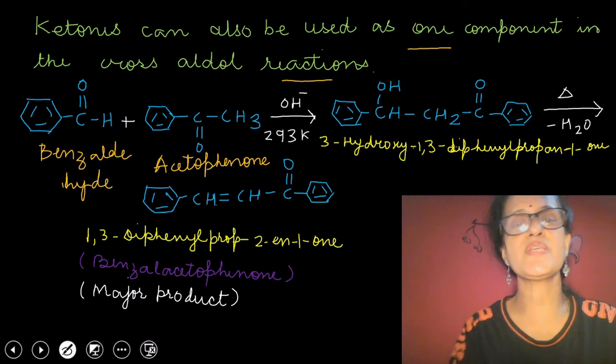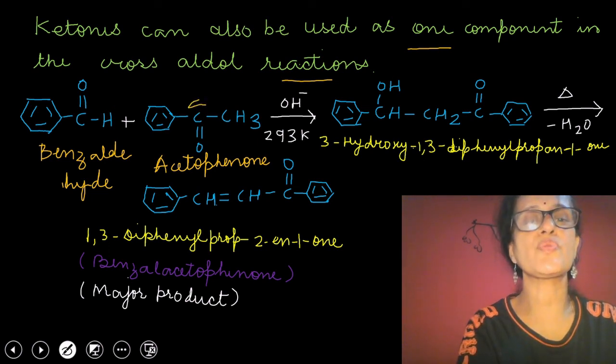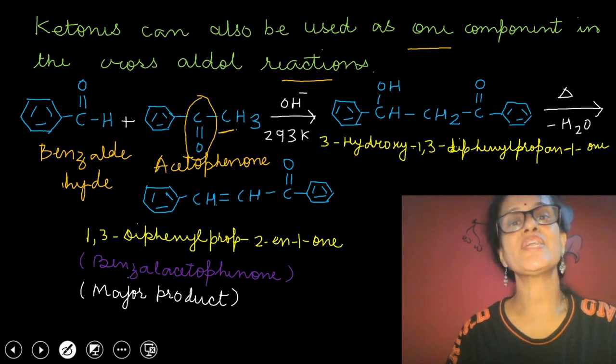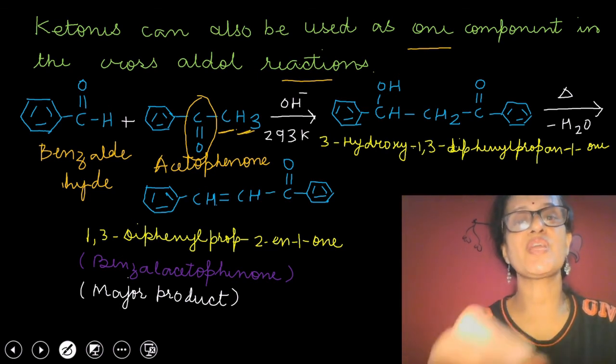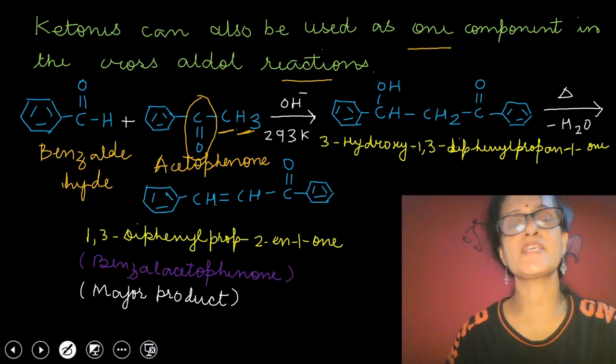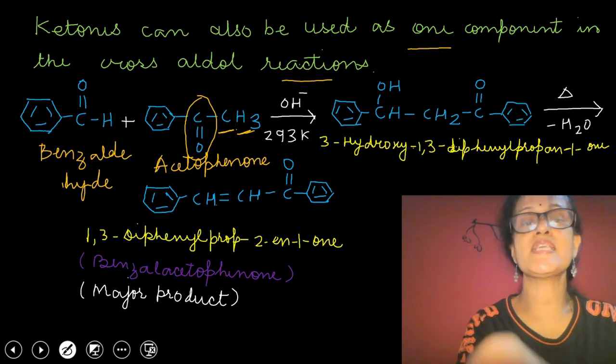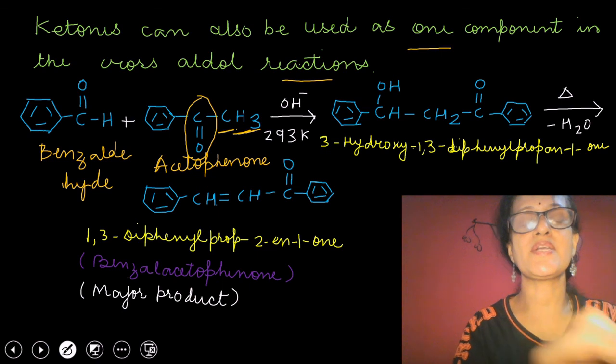Where is the alpha hydrogen atom? This is the functional group, and the carbon atom which is attached to the functional group is called the alpha carbon atom, and the hydrogens which are attached to the alpha carbon atom are called alpha hydrogen atoms. This acetophenone contains 3 alpha hydrogen atoms.